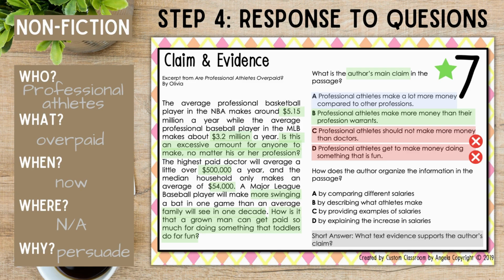She then comes back and compares that to a doctor at 500,000 and the average person at 54,000. Then talks about making more swinging a bat than a single family in 1 decade, and how is it that a grown man can get paid so much for doing something that toddlers do for fun? So all of this kind of leads toward this claim of, is it justifiable to be paid so much money?